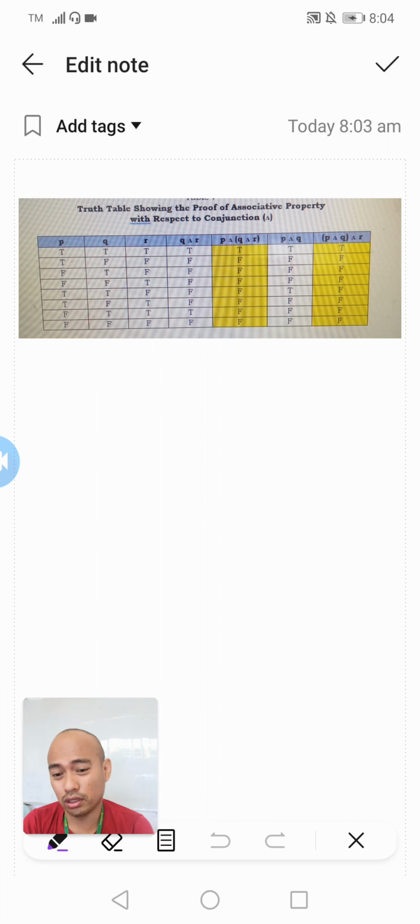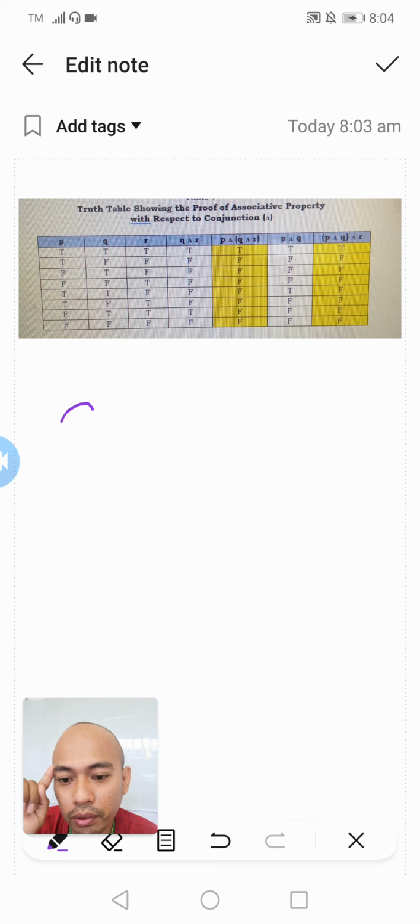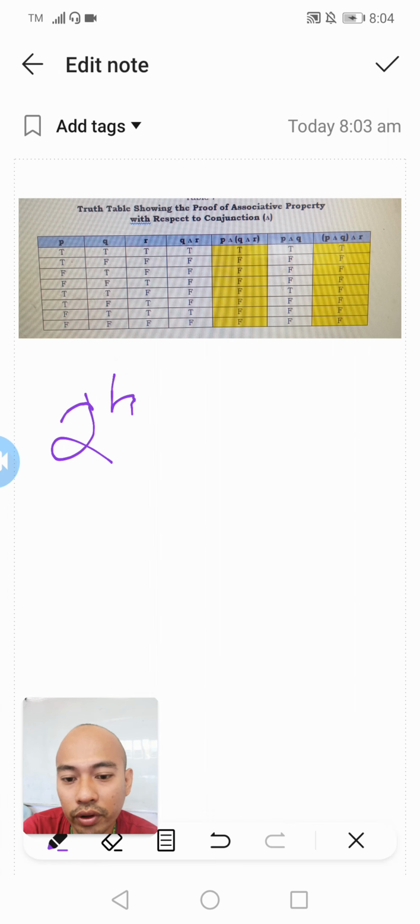So, kayo na lang maglabas ng mga other truth values ng tatlong statements na yan, kasi we are having 3 statements, so we have learned that for you to be able to know the number of truth values you are presenting, we'll be using 2 raised to n, where n is the number of statements we are trying to study.